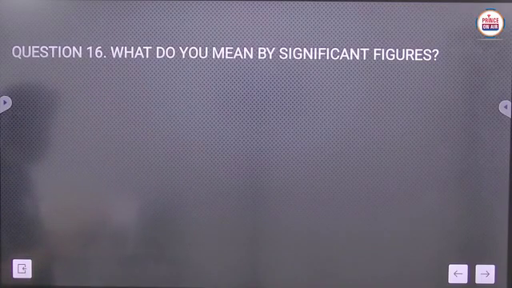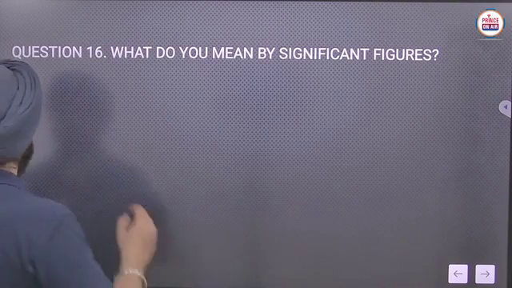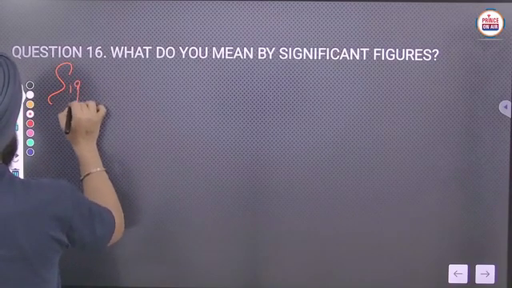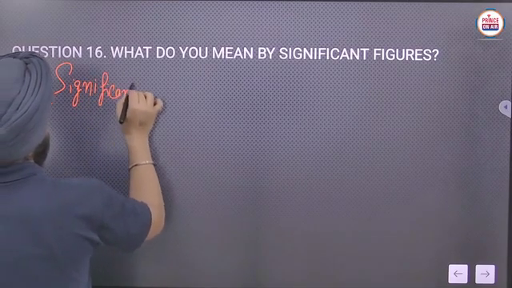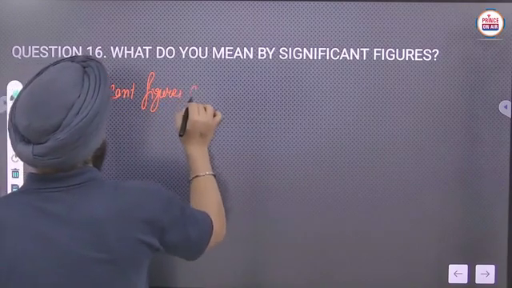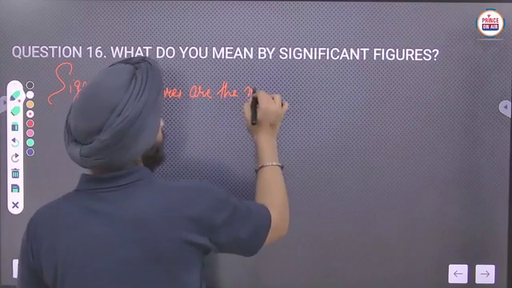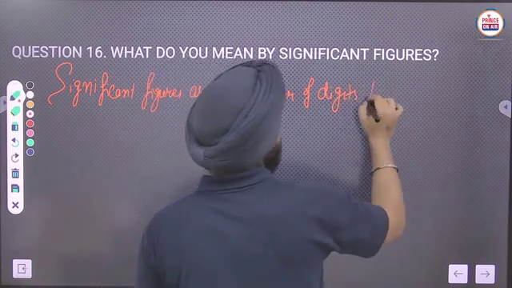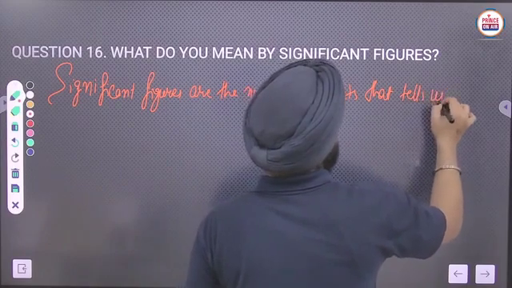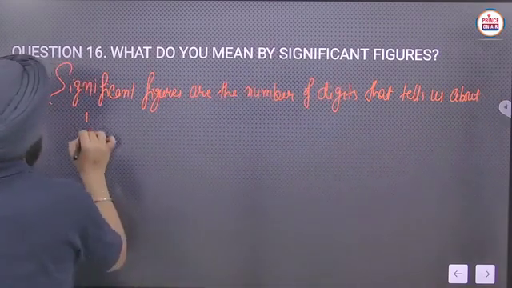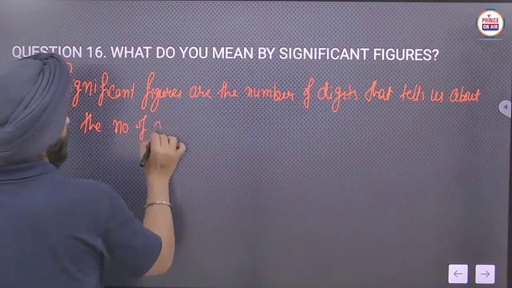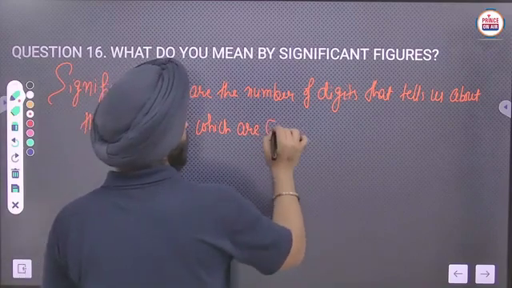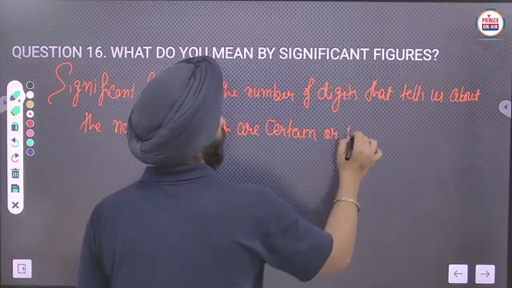Try that question. So significant figures are the number of digits that tells us about the number of digits which are certain or uncertain.